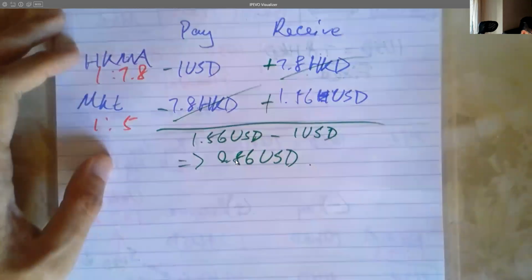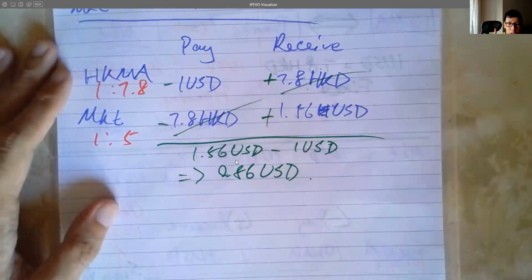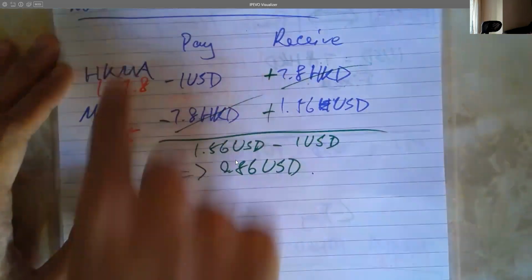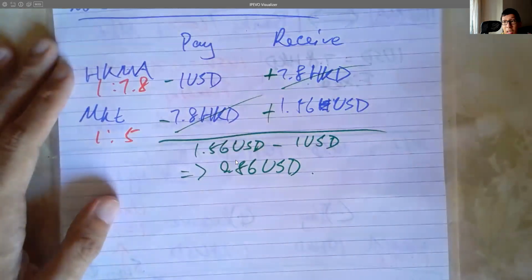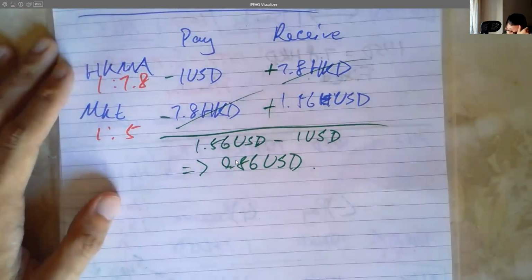Remember? So banks would do this action automatically, because there is profit to make. They will do this automatically, okay? So what would be the effect on the market?